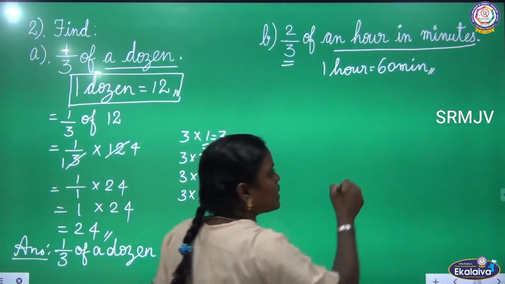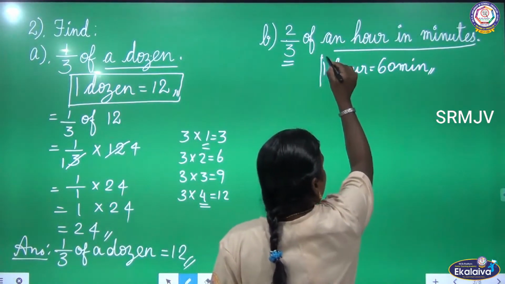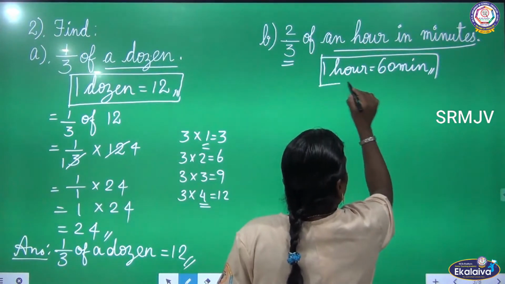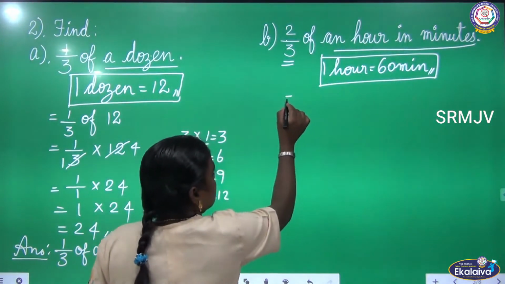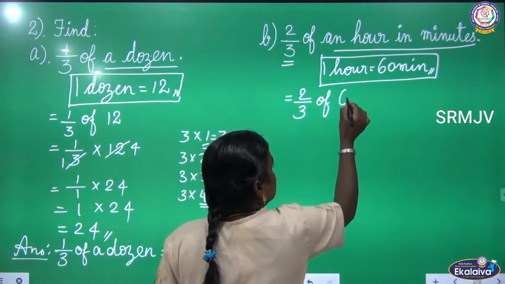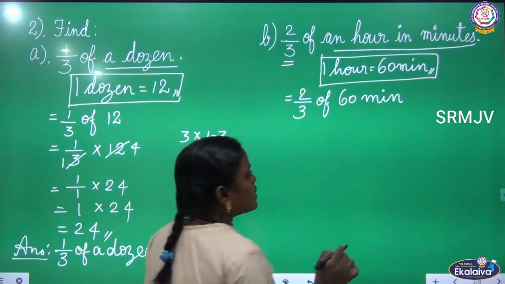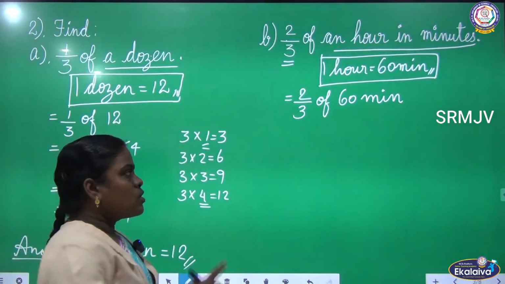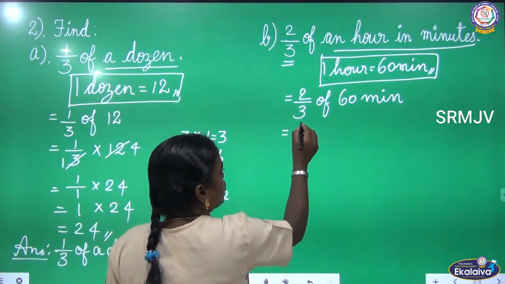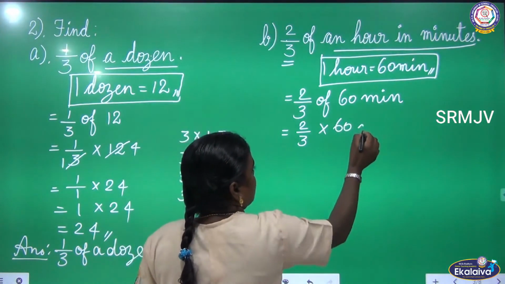So 60 is the whole number which we have to use. So we want to find out 2 by 3 of 60 minutes. So multiply the terms 2 by 3 and 60 minutes.